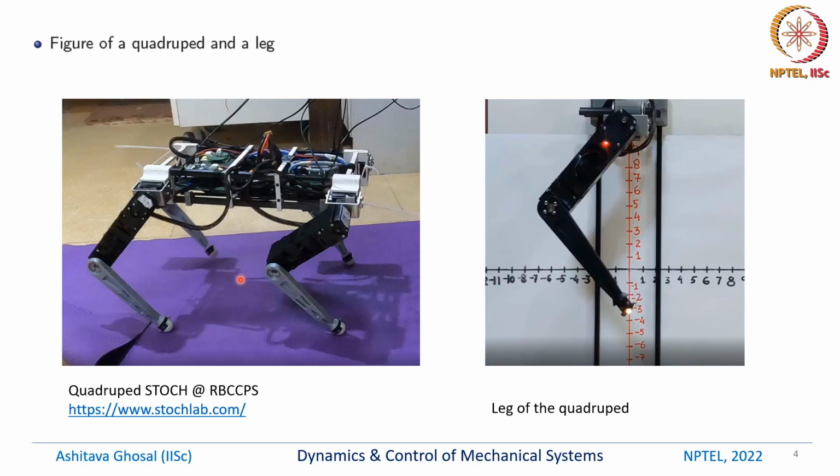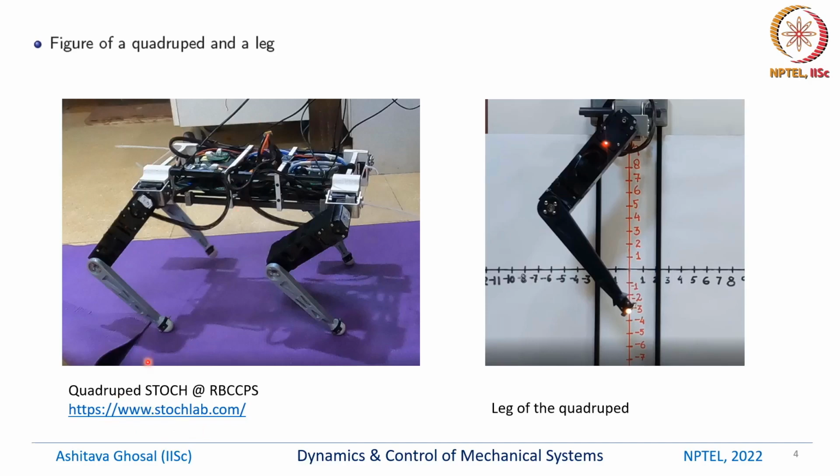A quadruped is a nice device, a nice mobile robot, because it's a little bit more stable than a bipedal robot like human beings. We are not going to go into the details of the quadruped. Anyone who is interested in this quadruped can go to this link.